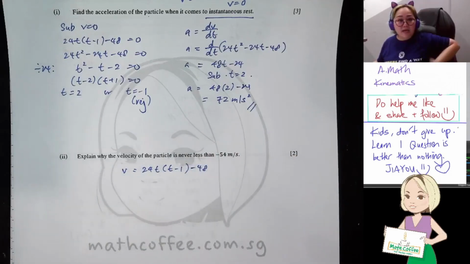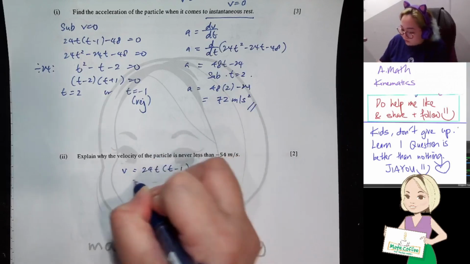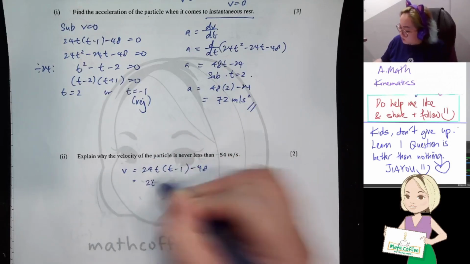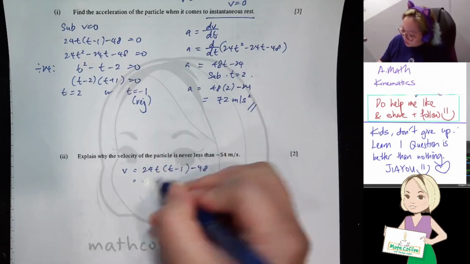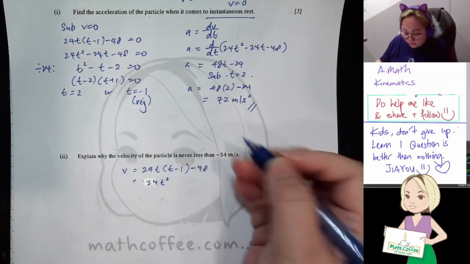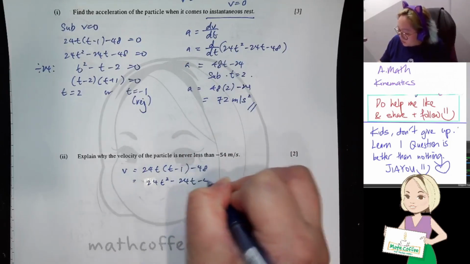A lot of times they ask to prove this kind of thing, you have to make use of completing the square. So what we're going to do is, I'm going to expand this out first. So we will have 24t squared minus 24t minus 48.